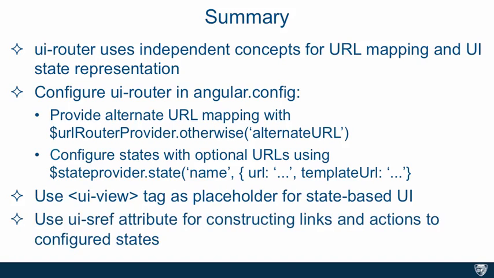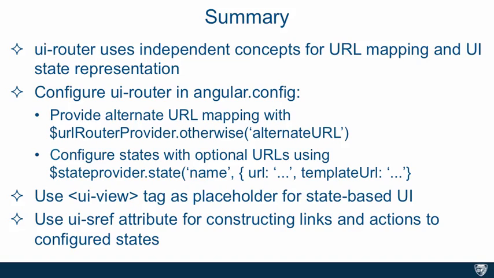Now you can also use a special directive called UISref, which stands for UI state reference, as opposed to just an href hyperlink reference. And that is an attribute that you can place on an A tag or really any other tag, and it constructs links for you and actions to configured states. So you could, for example, place that on a button, and whatever state you specified in your UISref attribute will be activated when you click on the button or a particular link.